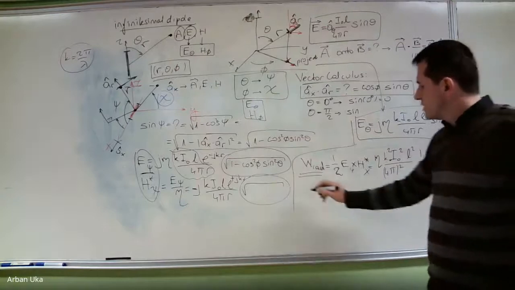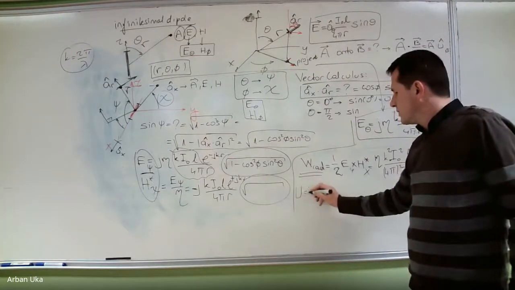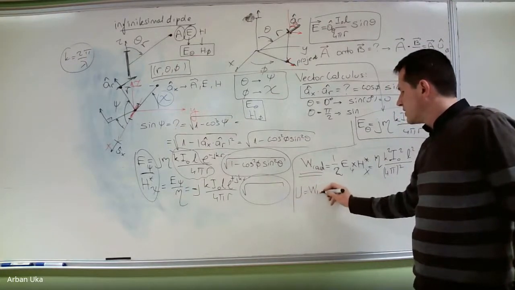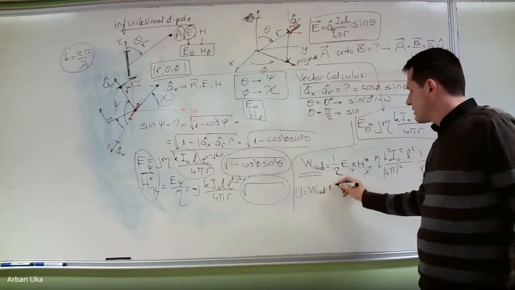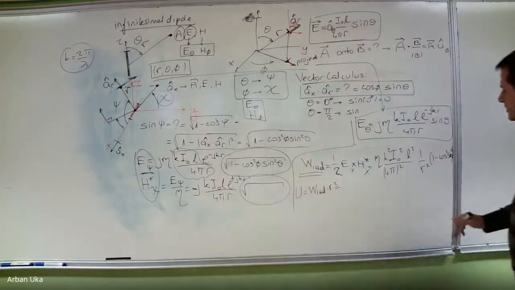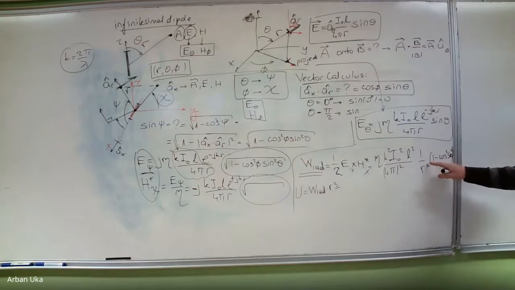Now the radiation intensity, this U, is going to be equal to the radiated power density times r squared. If we multiply this by r squared, this r squared will be gone.